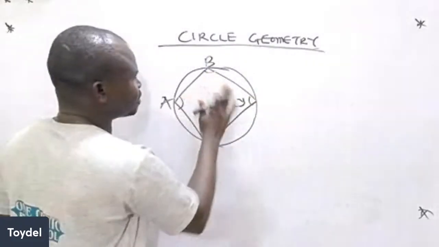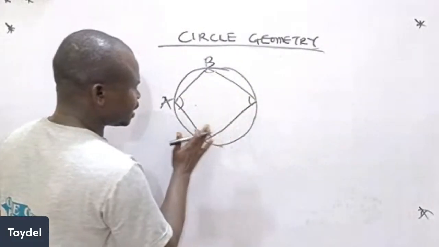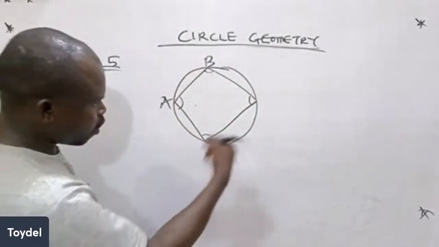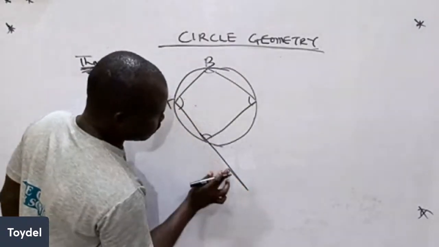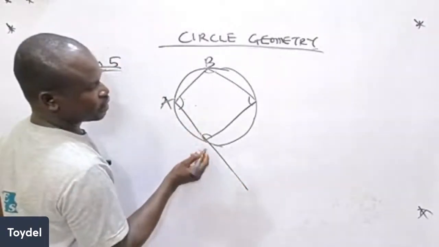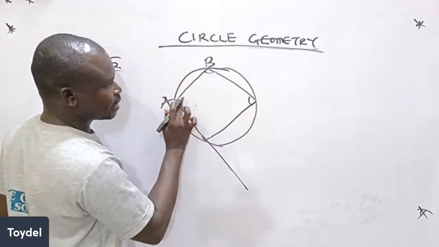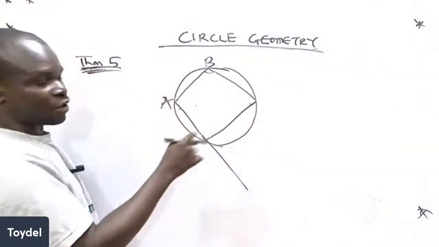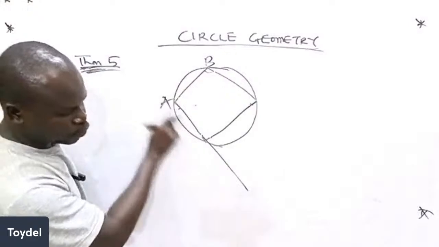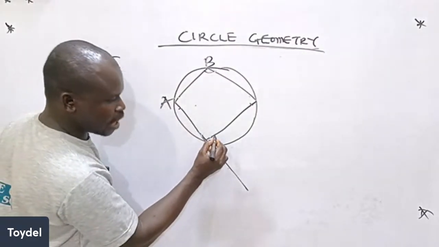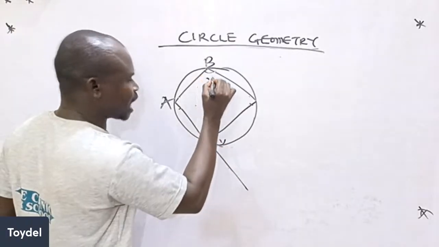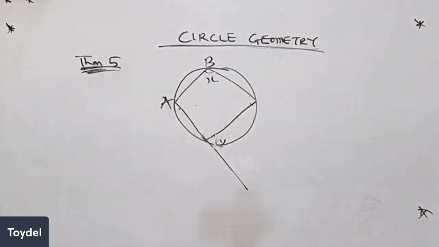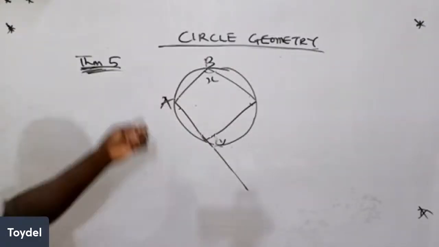The theorem says that if you have a cyclic quadrilateral, as we have on the board, and one side of the quadrilateral is produced, that is, if we extend one side of that quadrilateral, the exterior angle of this quadrilateral, let's say it is Y, is equal to the interior opposite angle. That's what theorem 6 states: if you have a cyclic quadrilateral and one side is produced, we extend one side of the quadrilateral.